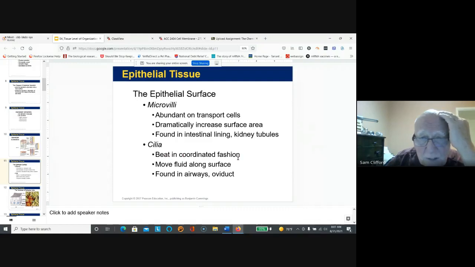Cilia, beating in coordinated fashion, move surface substances, and they're found in the respiratory system and the reproductive system. In the respiratory system, they move substances usually to be expelled away from your lungs into your pharynx so that you can expel it. The oviduct cilia move the eggs along when females are going through the menstrual cycle.